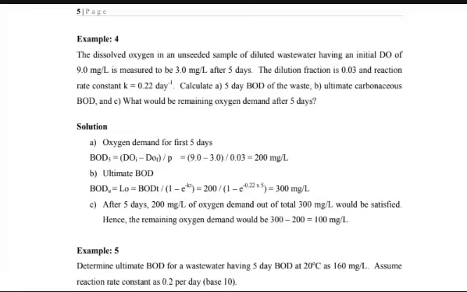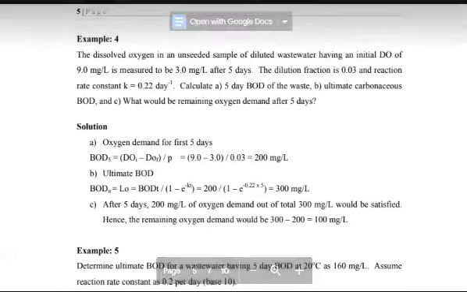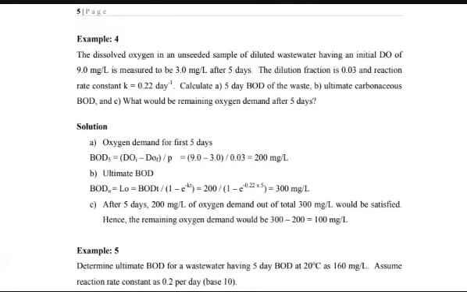What is the formula for the dilution of it? We know very well the example we have taken. So here the dilution factor also we have to consider. When we consider the dilution factor, the formula has a small change: BOD5 equals the initial dissolved oxygen minus the final dissolved oxygen, upon P, that is the dilution fraction.